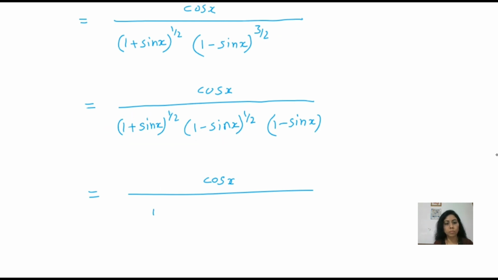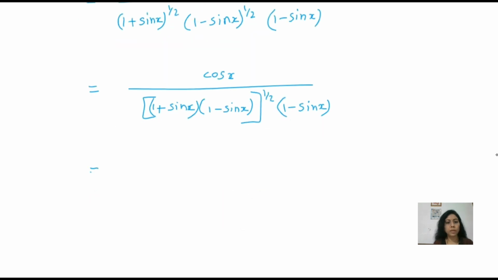So (1 minus sin x) multiplied by 1, actually this is plus, this is minus, and this whole thing to the power 1/2, (1 minus sin x).